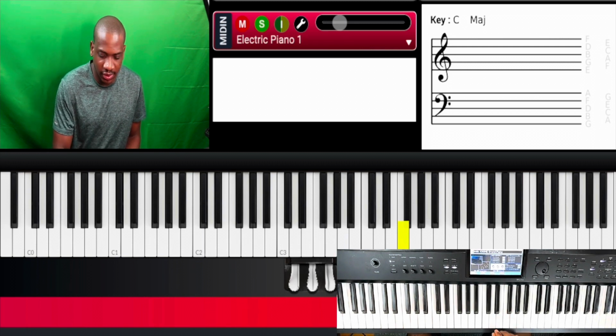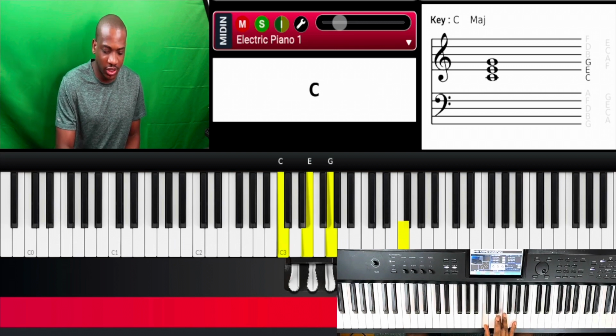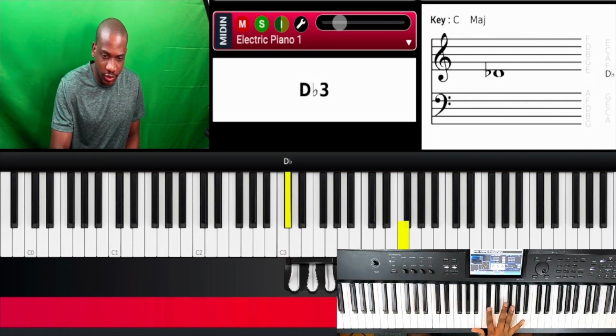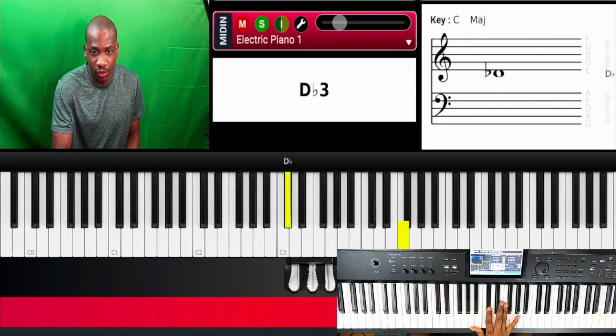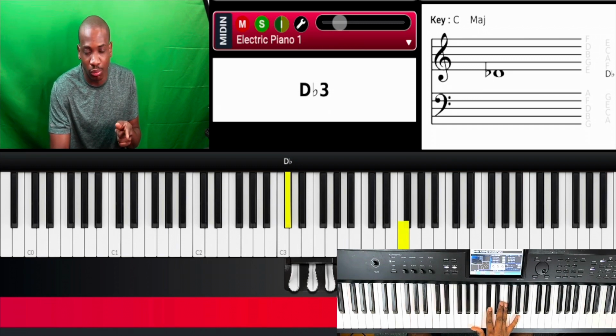On the key of C, as I mentioned, this is relative based on the key you are on. On the key of C, which is my key right now, this is my do. After my do is already your D, just the way you have it in the workbook.